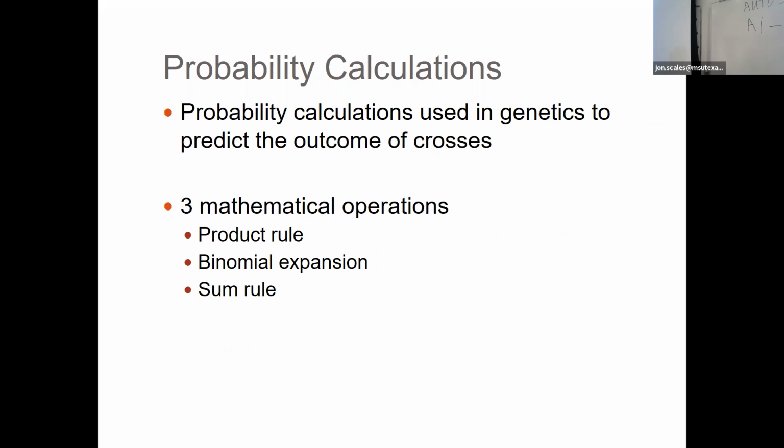Okay, two events happening simultaneously, product rule. So what's the probability of being alive and married? Right? You can be alive and not married. You can be alive and married. Dead and not married. You can be. Oh, okay. So anyway, alive and married, two not mutually exclusive things. So you would use the product rule for that. Two mutually exclusive things, you have to use the sum rule. And we'll look at some examples.